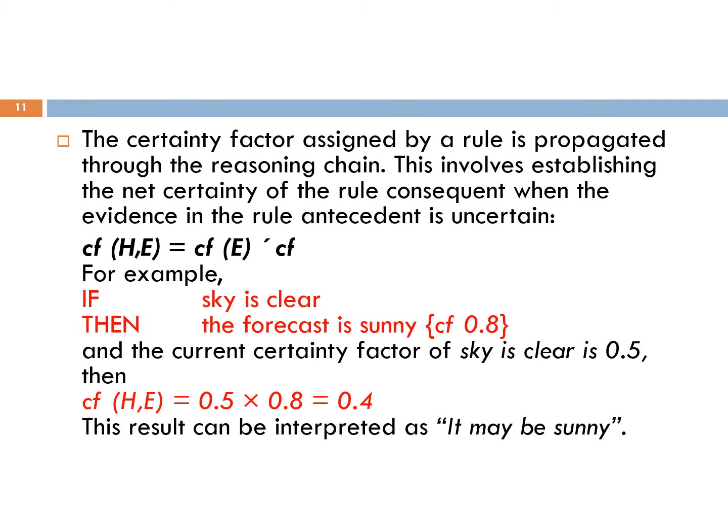So the certainty factor of the forecast is sunny, if the sky is clear, is equal to 0.5 multiplied by 0.8, then you get 0.4. So as a result, we can interpret it as it may be sunny.